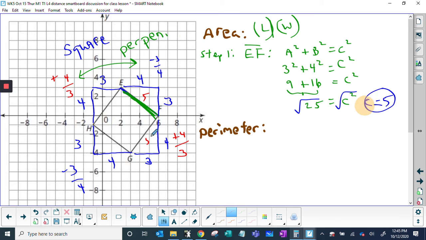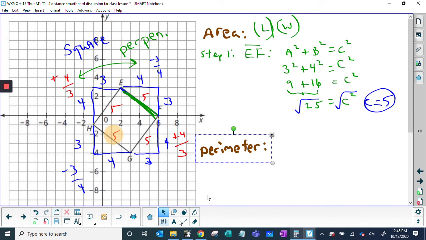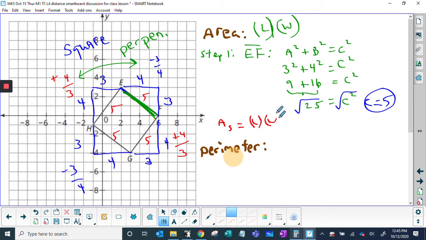So the area of this square, length times width, is going to be 25. Cool. Then we just add up all the perimeters. And we got it.